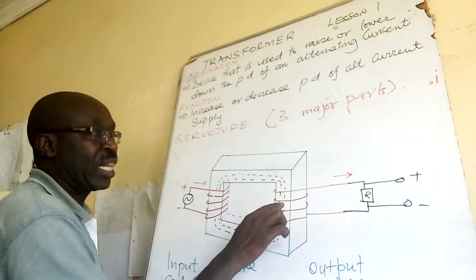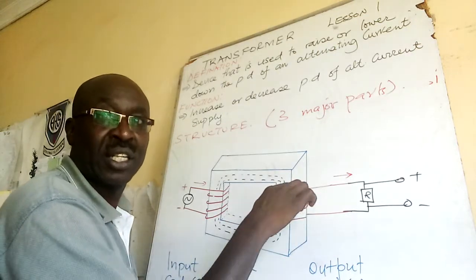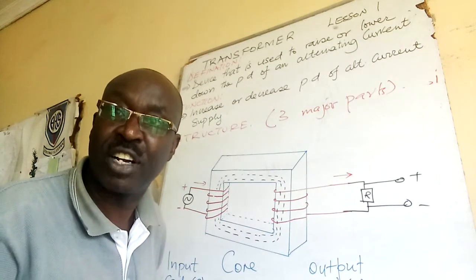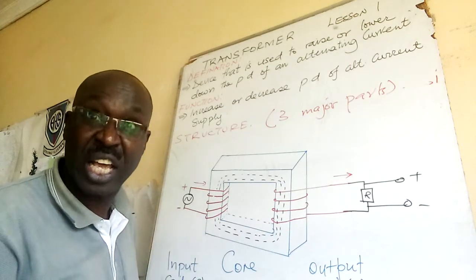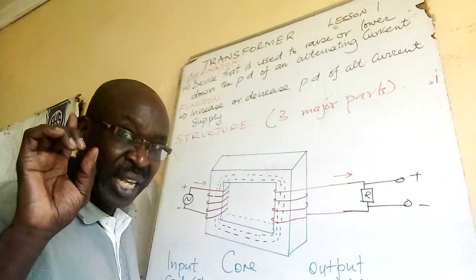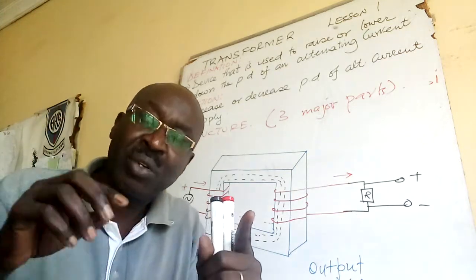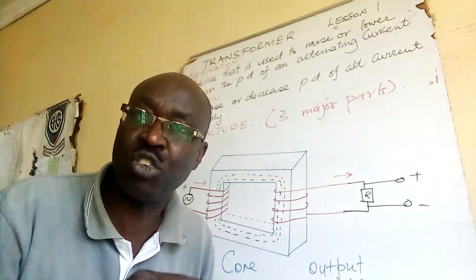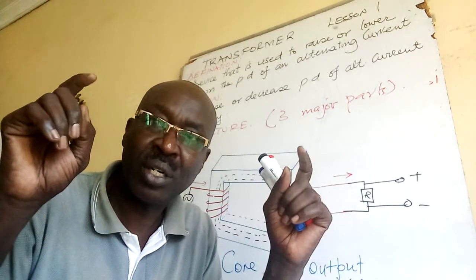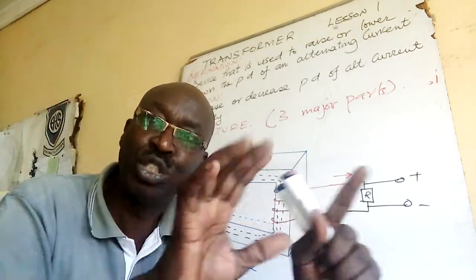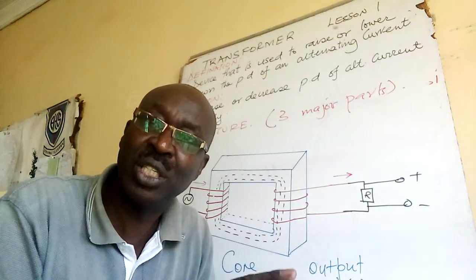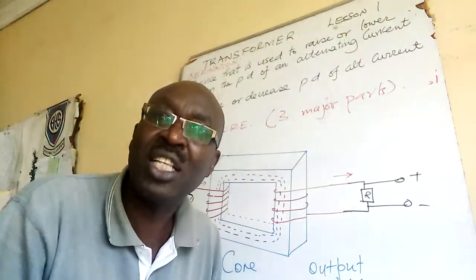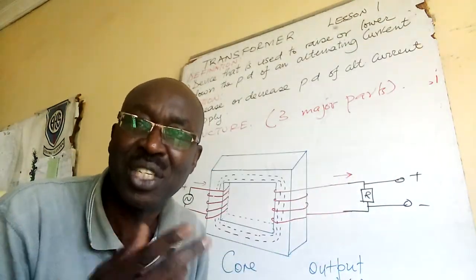Now, this secondary coil will have induced EMF. Induced EMF, please, is the driving force of electrons to go round. It is the one which pushes electrons. Then the electrons, once they flow in a circuit, we say it is current.